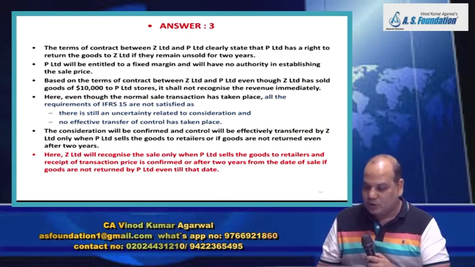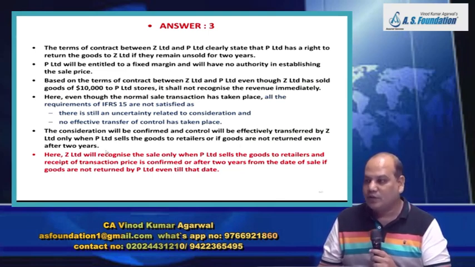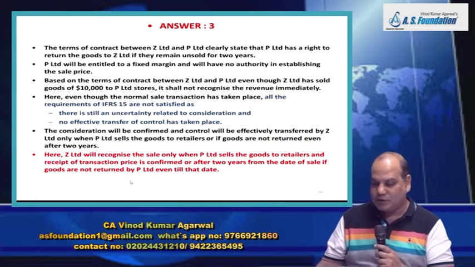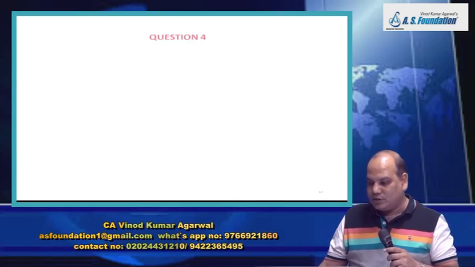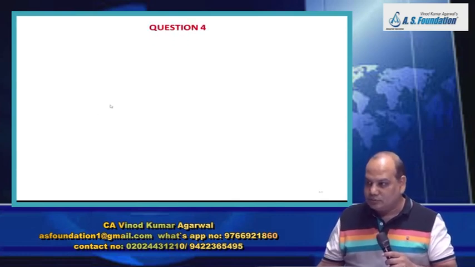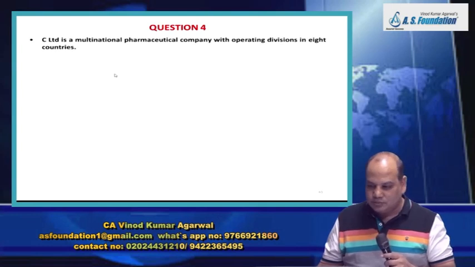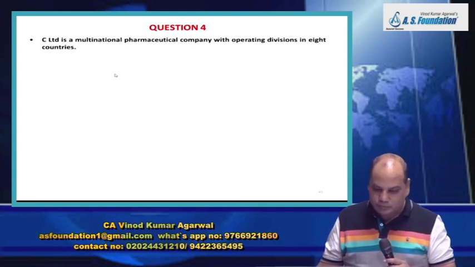The consideration will be confirmed and the control will effectively be transferred only when P Limited sells the goods to retailer or if the goods are not returned after 2 years. Z will recognize the sale when P sells the goods to retailer and receipt of transaction price is confirmed, or after 2 years from the date of sale if the goods are not returned by P Limited even till that date. Right.